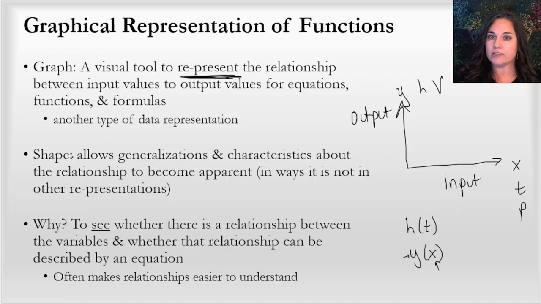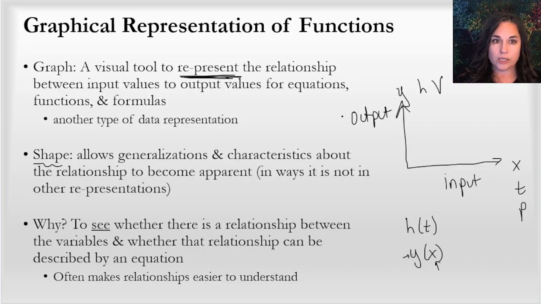Why do we like graphs? Because the shape allows us to make generalizations and characteristics on the relationship that become apparent when we represent the information. Our eyes, our brains have, through millions of years of evolution, developed to help us notice things, right?